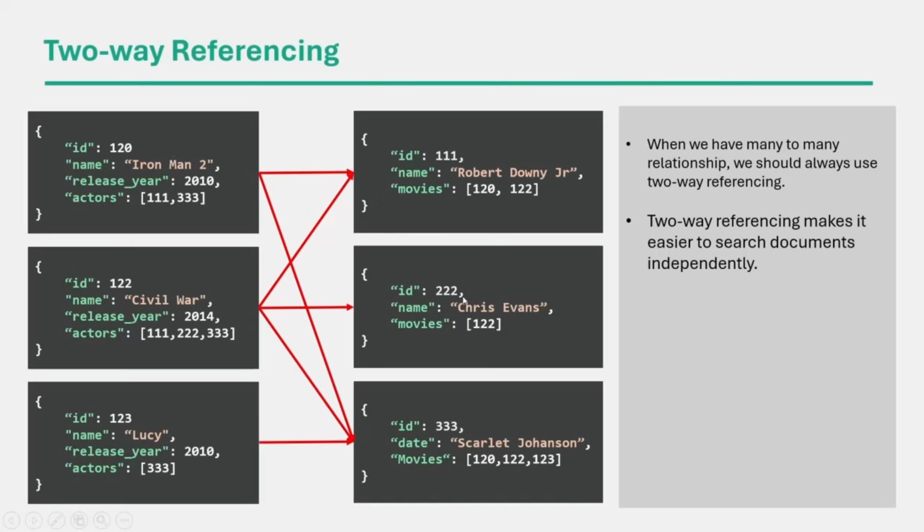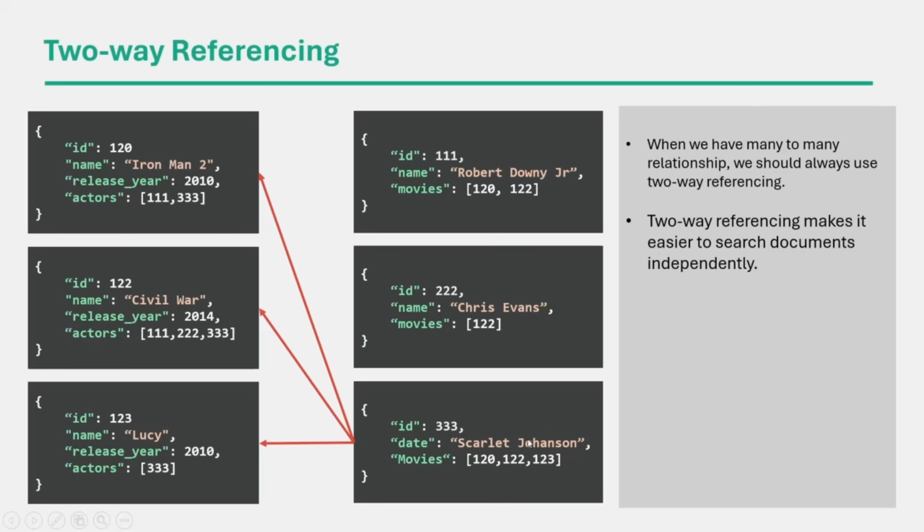Then in the child documents also, we have a reference to parent documents, to movie documents. For example, in the actor document for Scarlett Johansson, we can see that we are storing the reference IDs of the movie documents in which she has worked. So here we are storing the reference ID of these three movies in which this actor has worked.